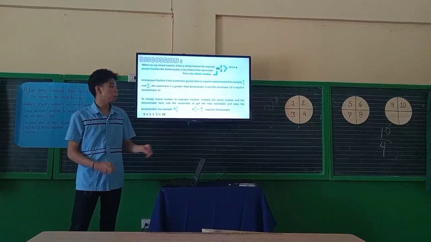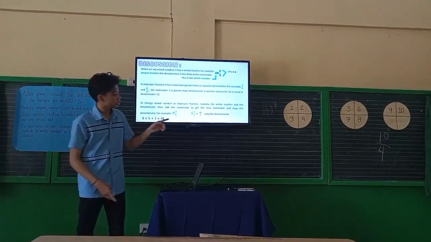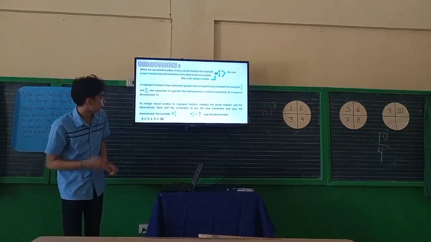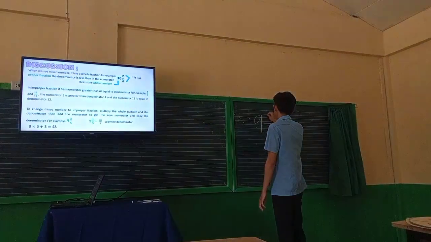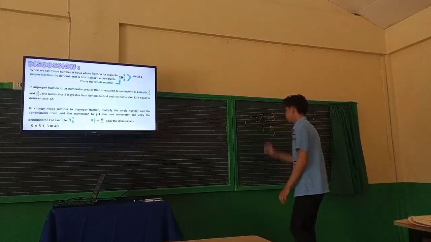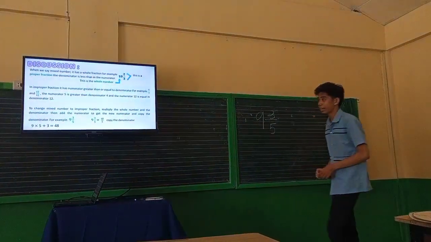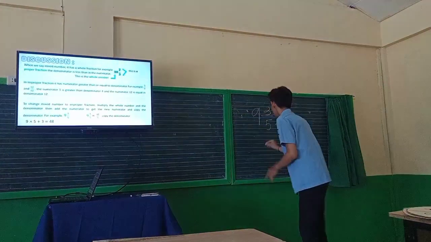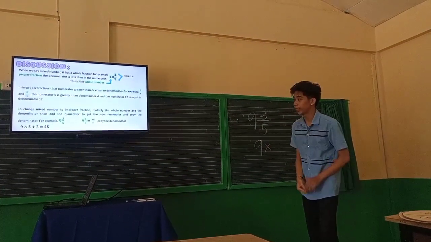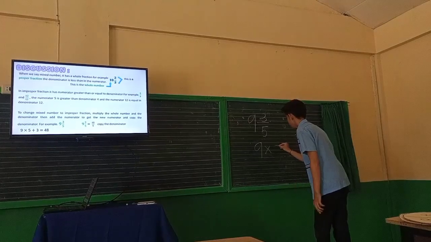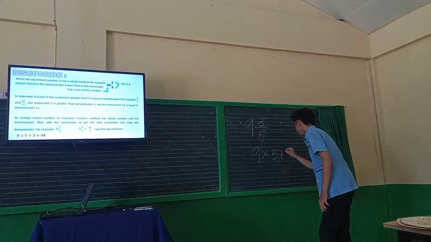To change mixed number to improper fraction, we need to multiply the whole number by the denominator, then add the numerator to get the new numerator, and copy the denominator. For example, 9 and 3 over 5. We multiply the whole number 9 times the denominator 5, and then add the numerator 3.